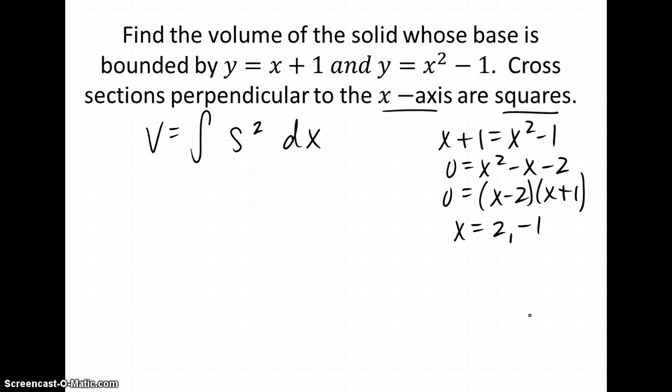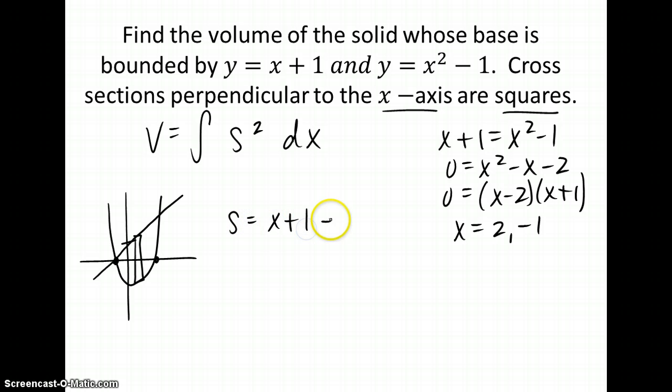The side is just going to be the difference of the two functions. And if you think about what the graph looks like, x squared minus 1, and then x plus 1, between negative 1 and 2, then what would the side of the region be? The line minus the parabola.